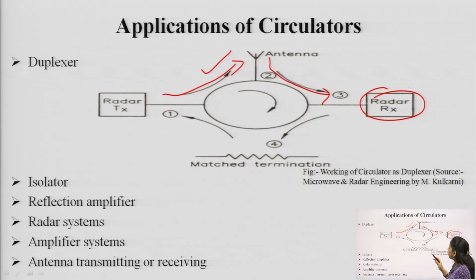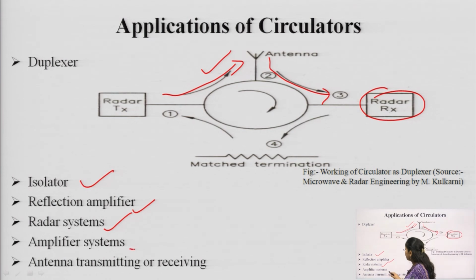So, we can use a circulator as a duplexer. It is also used as an isolator, reflection amplifier, in radar systems, amplifier systems, and antenna transmitting or receiving. These are some of the applications of a circulator.